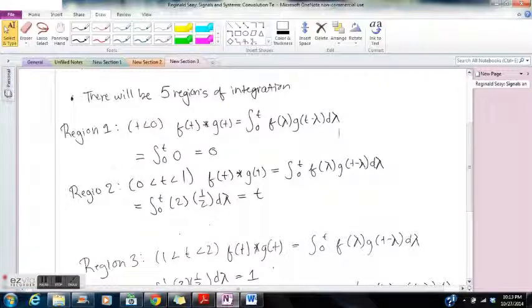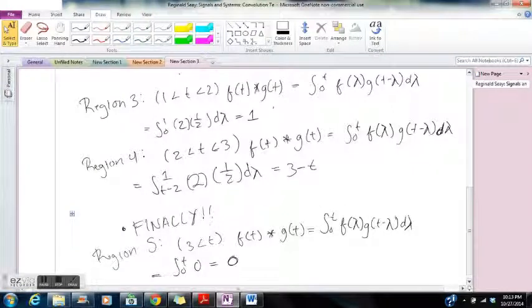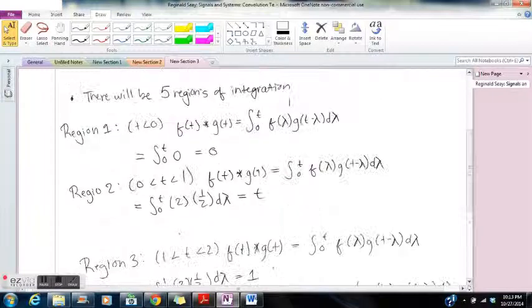And then, a quick recap. For region 1, we have t less than 0. And for region 5, we have 3 less than t. So both of these are the same. This is from where the graph comes: you have the g of t, which comes closer to the f of t.